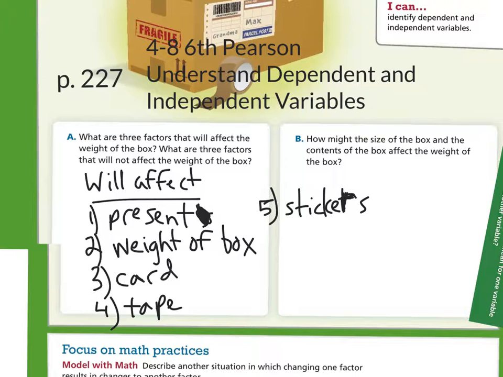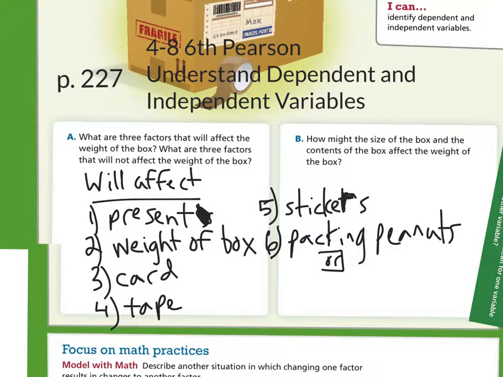One other thing that would affect the weight would be if they have packing peanuts, or bubble wrap. Sometimes they have bigger bubble things that they pack in there to keep stuff from getting messed up.